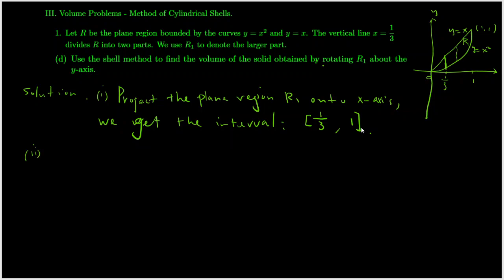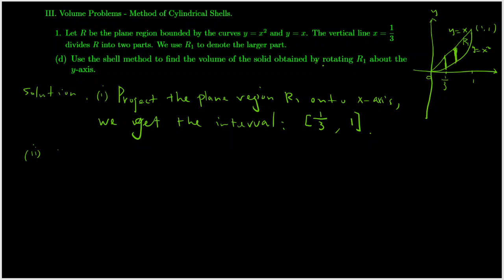The second step. Now follow me. Again, we imagine this R1 is traced out by many little line segments. A typical line segment is something like that. I made it bold.